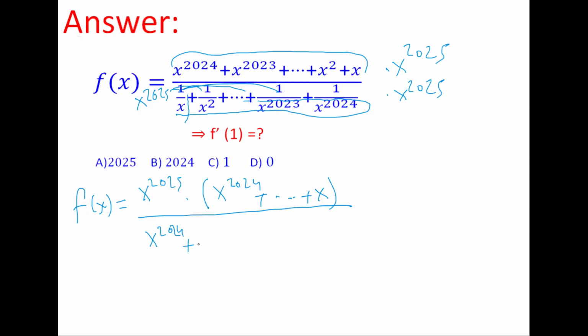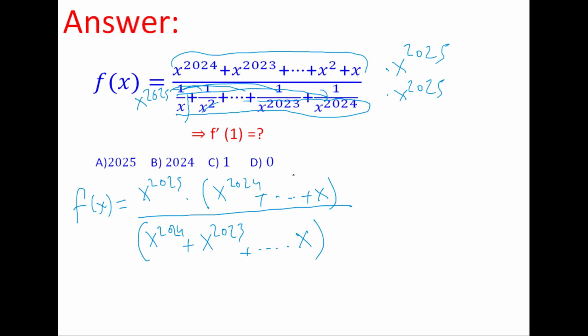If you do the same thing, x squared is going to cancel with x to the power of 2025, and the leftover is going to be x to the power of 2023, guys. Plus, if you keep going, x to the power of 2025 will be cancelled with x to the power of 2024, and the leftover is going to be just x, guys.